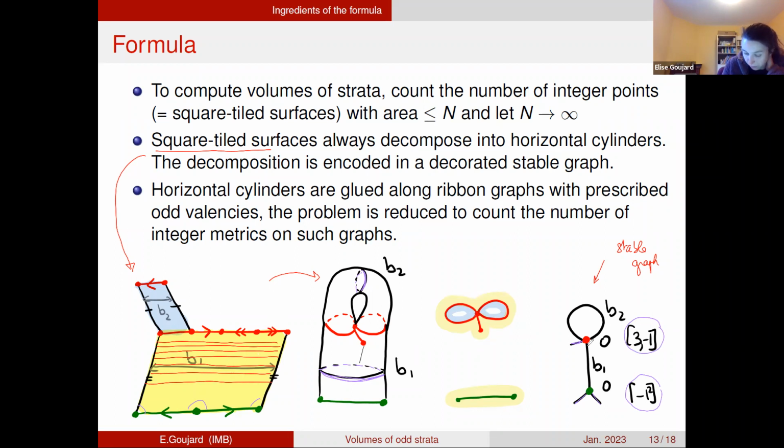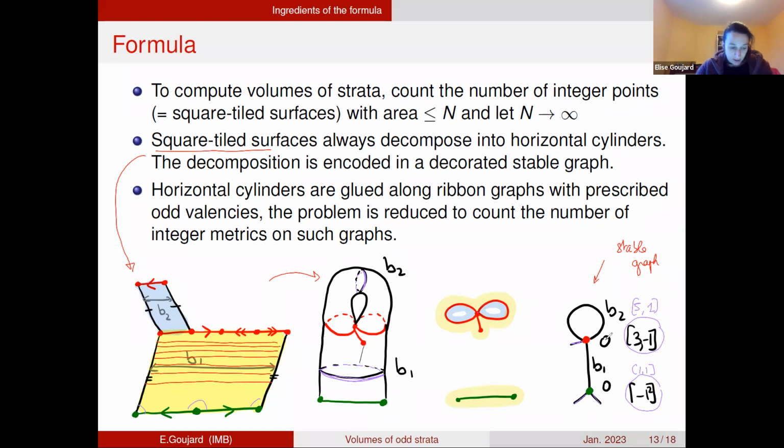So this is just the genus of the ribbon graph that I get. This is just the degree of singularities that I see on the ribbon graph. If I add 2, it's just the valency of the graph. So it's 5, 1, 1, 1. And the b_i are just the perimeters of the cylinders. They're just some numbers, and I put them as variables on the stable graph.